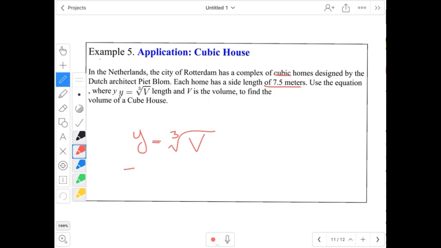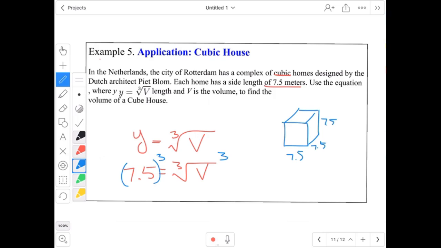So I'd have 7.5 is equal to this, because if it's a cube, and each of those is going to be 7.5, we could cube that in order to get our volume. So let's see, 7.5 cubed would give us a v, which would be 421.875.